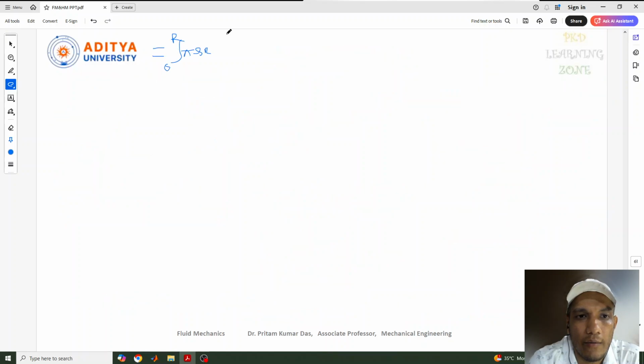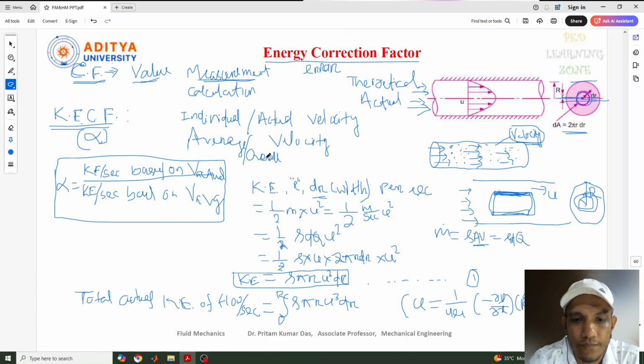So in place of u cube, let me write in the square bracket, 1 by 4 mu, minus del p by del x, this is capital R square minus small r square, bracket close, and whole cube. If you see, dr is there.